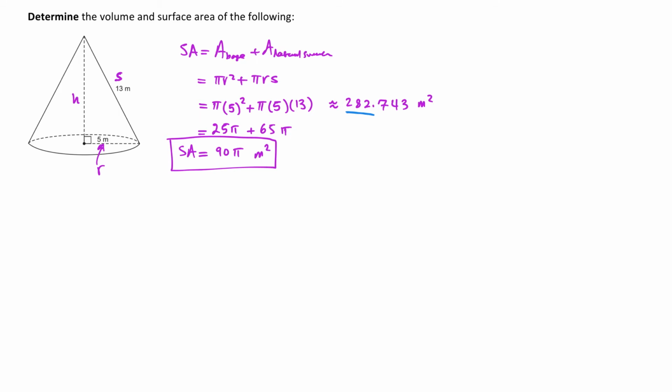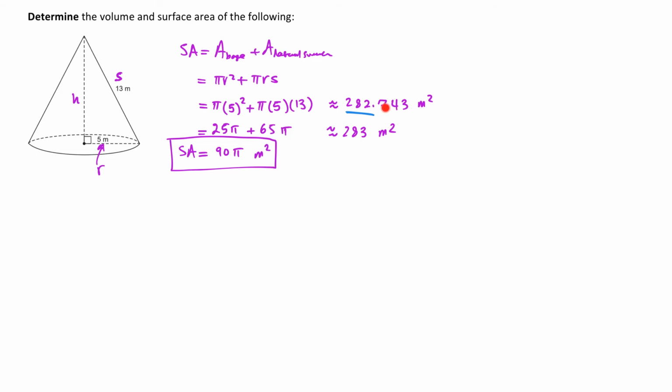And when I'm writing it in 3 significant figures, you can see that I have 282.7. And since 7 is higher than 5, I have to go and round this 2 up to a 3. So my final answer rounded is 283 meters squared.